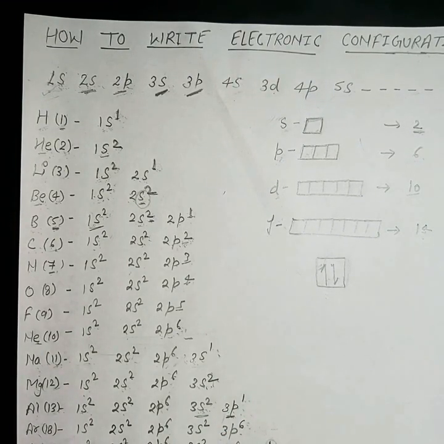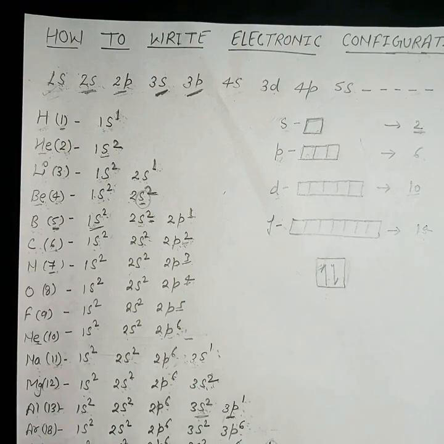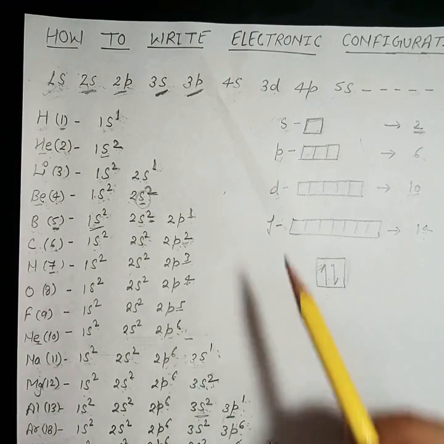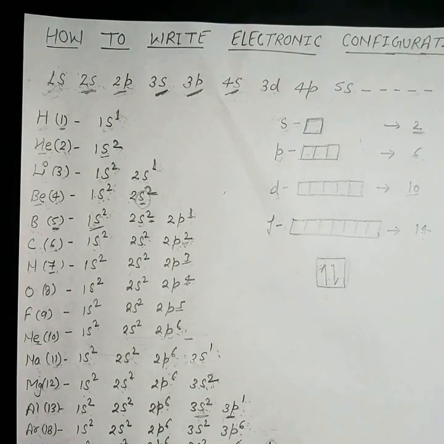So for 19 electrons, 1s2, 2s2, 2p6, 3s2, 3p6. After 3p6 we have distributed only 18 electrons, so 1 electron is remaining. As we know that we can't write 3p7, we will use 4s. So 4s1 we will write because only 1 electron is remaining.